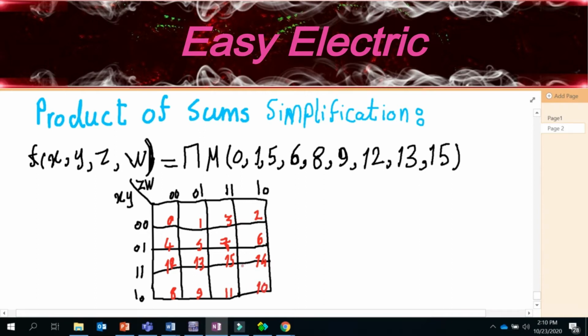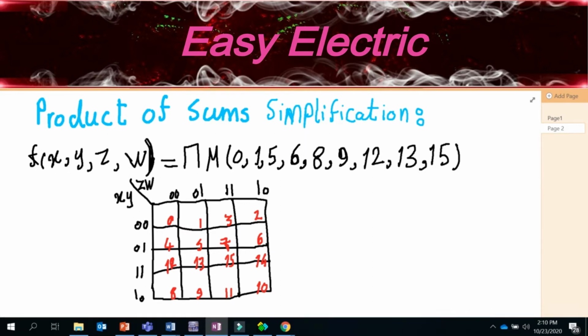Okay, so far everything is similar to what we did whenever the function is in the form of the sigma minterm. But the only difference here is that each of these squares corresponds to one maxterm, not minterm.